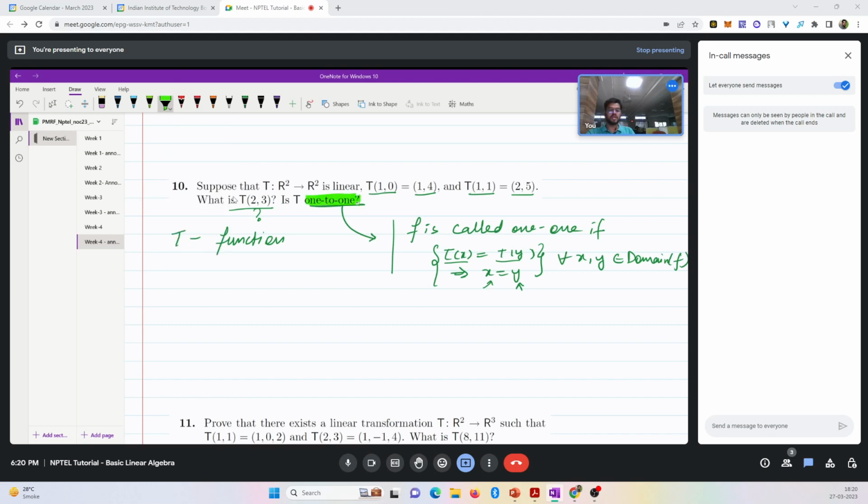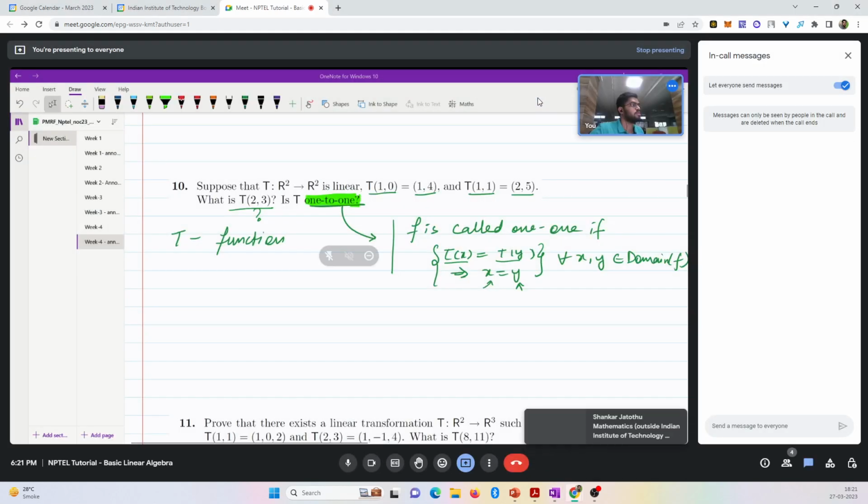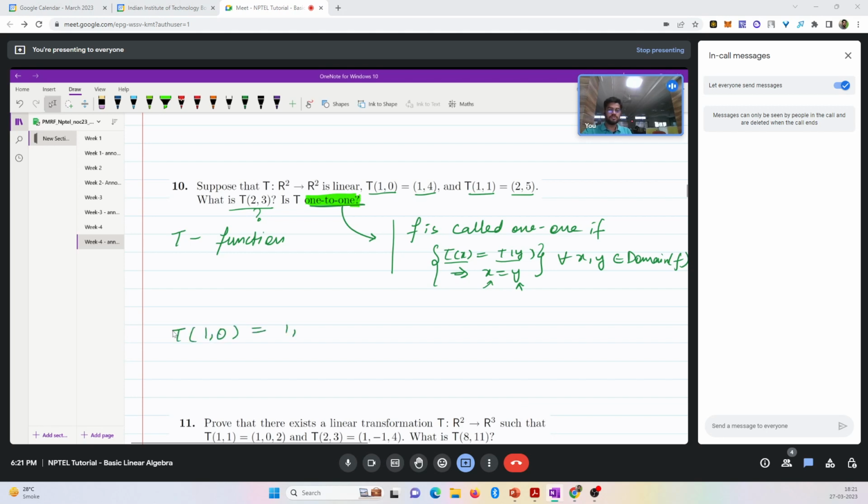We have a theorem that can say it is 1-1, but right now we'll calculate T of (2,3). We are given that T of (1,0) is (1,4) and T of (1,1) is (2,5), and we need to find the value of T of (2,3).